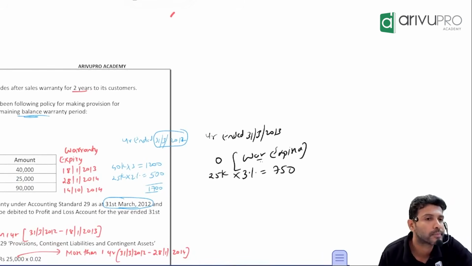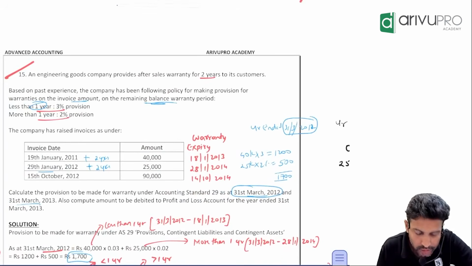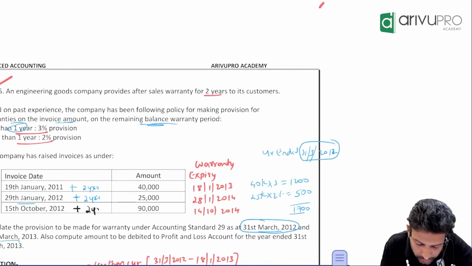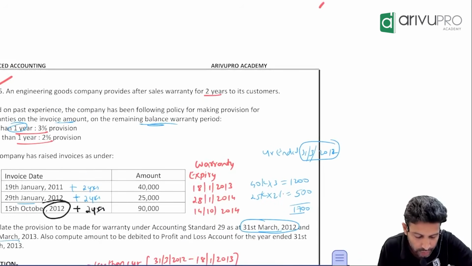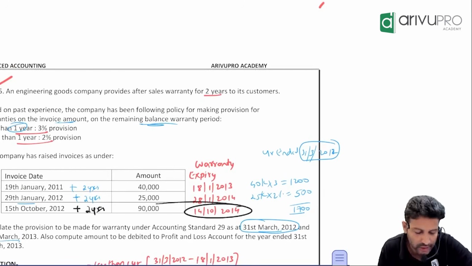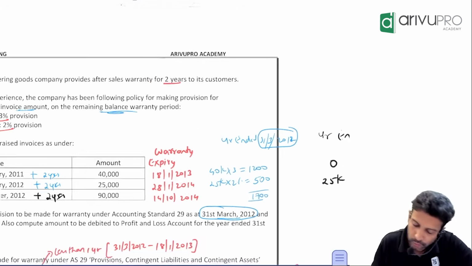750, correct? Yes, sir. Next, the third sale you made on 15th October. On this also, how much warranty do you give? 2 years. So if you add the 2 years warranty period, the warranty will expire on 14th October 2014.